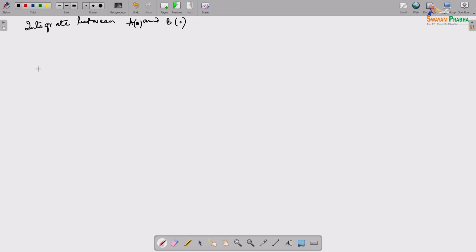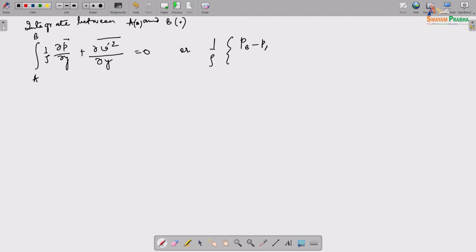So what we get here is the integral from A to B.